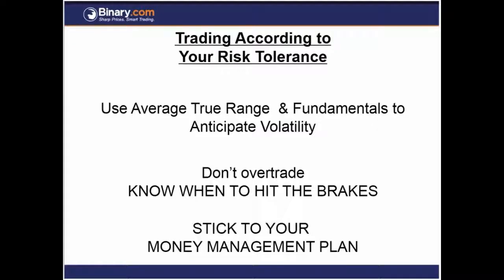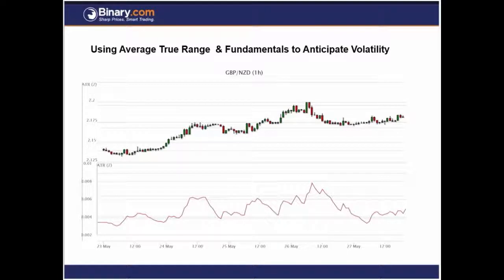All right, so here's an example of the pound New Zealand 1 hour chart. As we can see here, the average true range, I use a 7-period average true range, which gives you the range calculated across 7 bars from high to low. Because this is a 1 hour chart, we can see that throughout different hours of the day we have more price movement, more volatility, more up and down swings, more range.